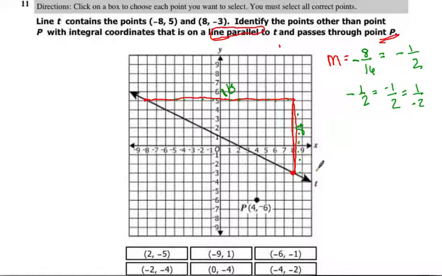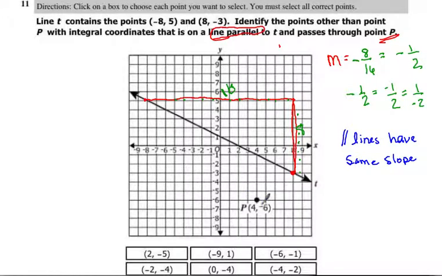So from point (4, -6), I'm going to graph my slope. We want it parallel. Parallel lines have the same slope, so you need to make sure you're talking about parallel and not perpendicular.